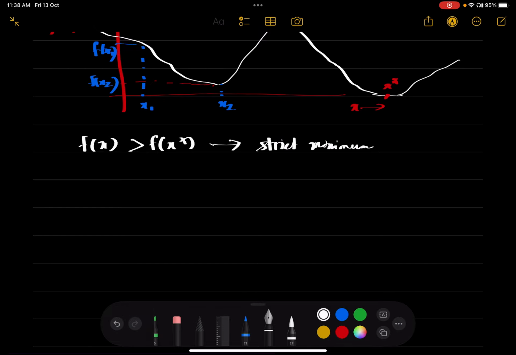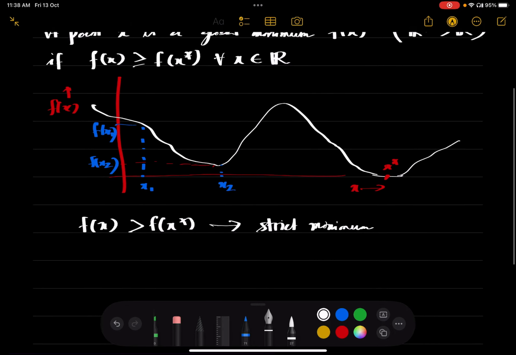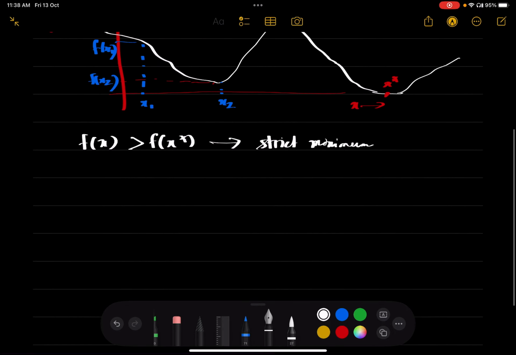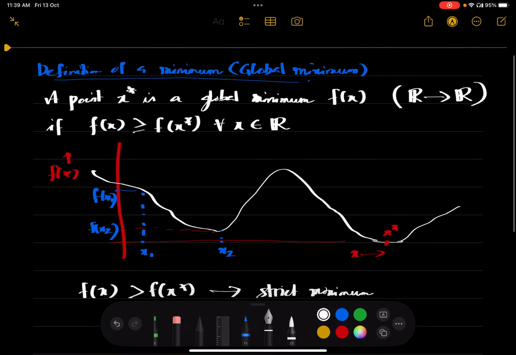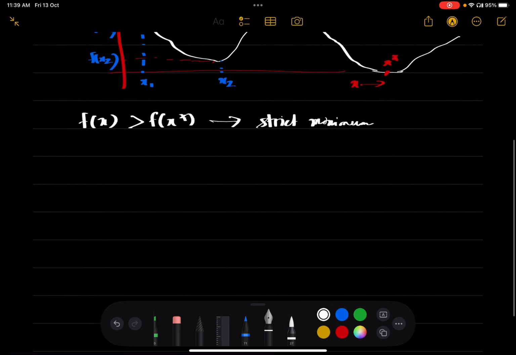Strict minimum in the sense there is only a single point which is acting as a minimizer. But here we have the leniency of multiple points acting as a minimizer. This is the definition of a global minimum.